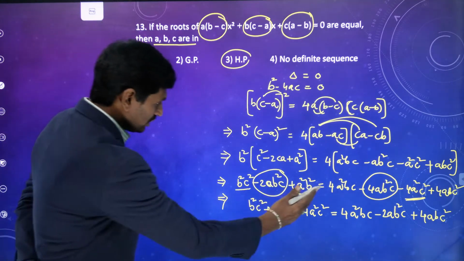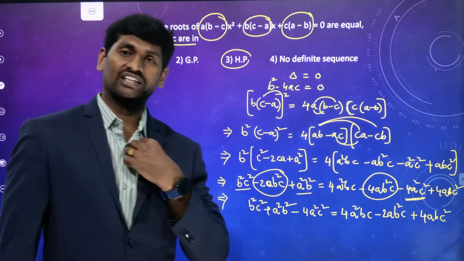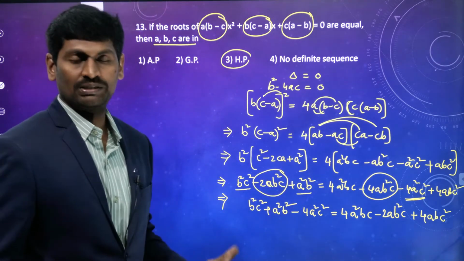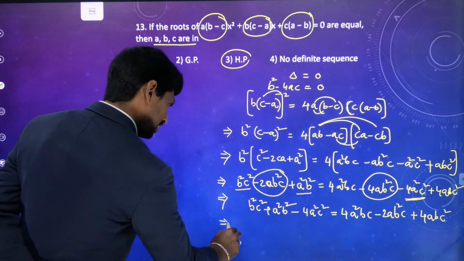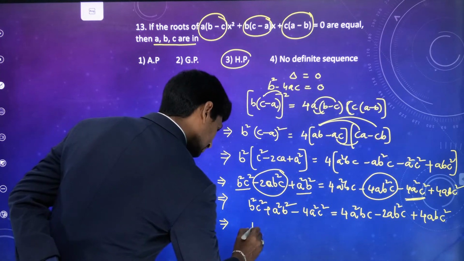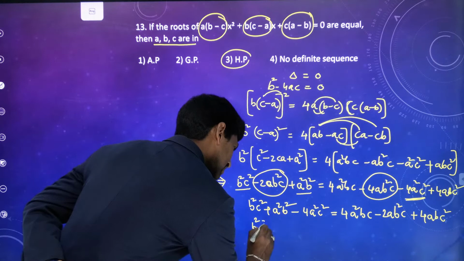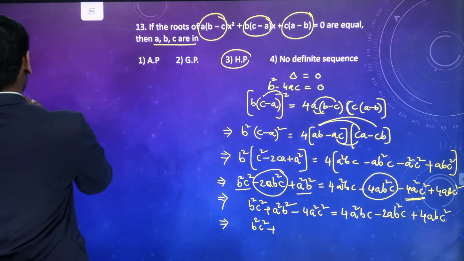If you bring all together, we can apply the a plus b plus c whole square identity: a square plus b square plus c square plus 2ab plus 2bc plus 2ca, in the same way. But before that we can write b square c square. I am writing b square c square as bc whole square. Okay, na?